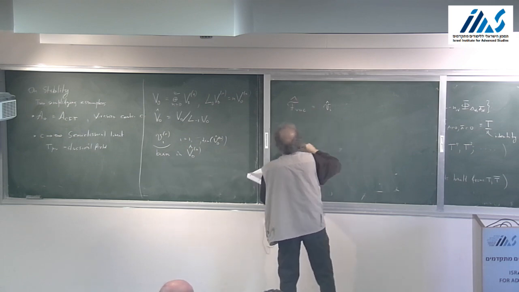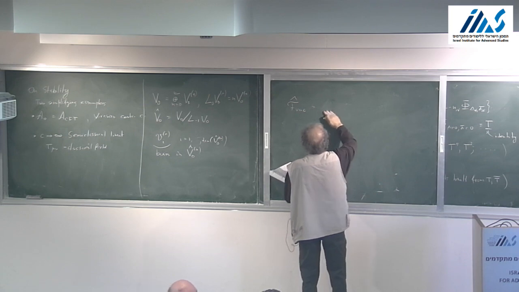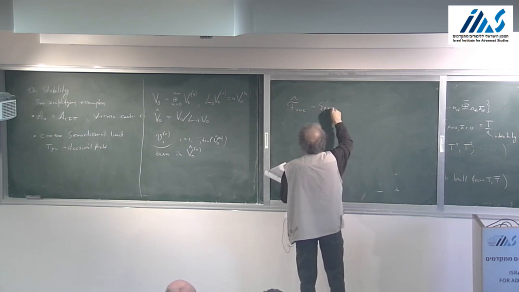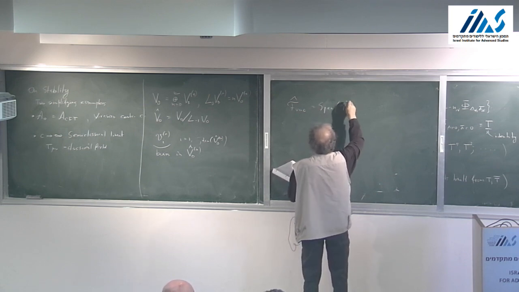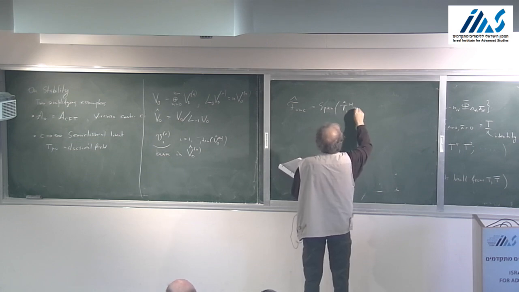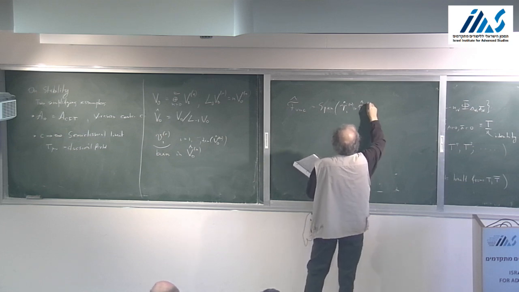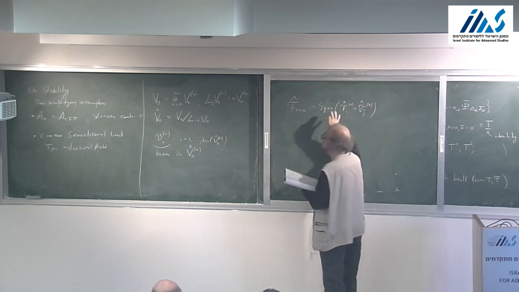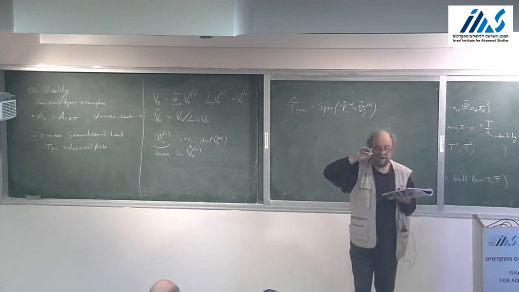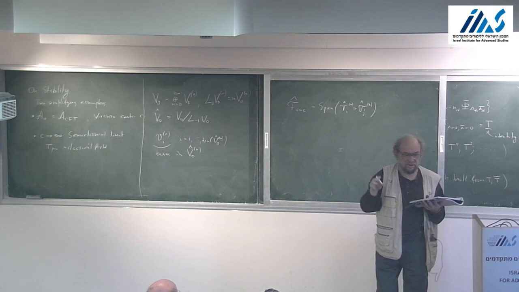Let me define F hat, which is the span of V i n times V hat bar j of the same level. So this consists of all scalar fields, all spinless fields, with derivatives ignored.